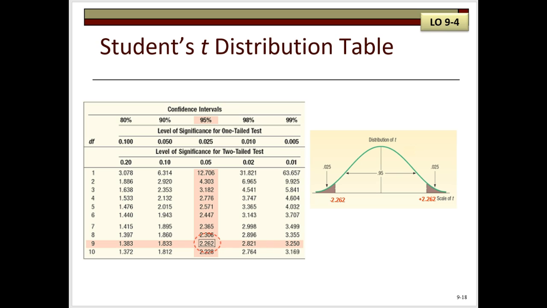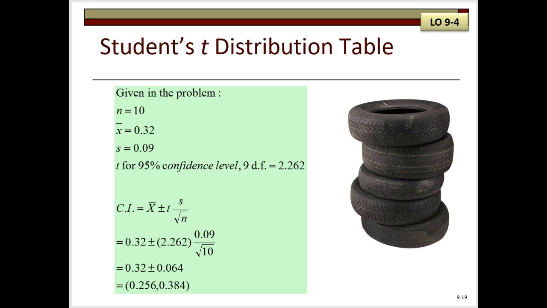Remember that the degrees of freedom is obtained by subtracting 1 from the sample size. It is 10 minus 1. So for 9 degrees of freedom and a confidence level of 95%, we obtain a t-value of 2.262. We substitute this back into the confidence interval formula as shown in the next slide.